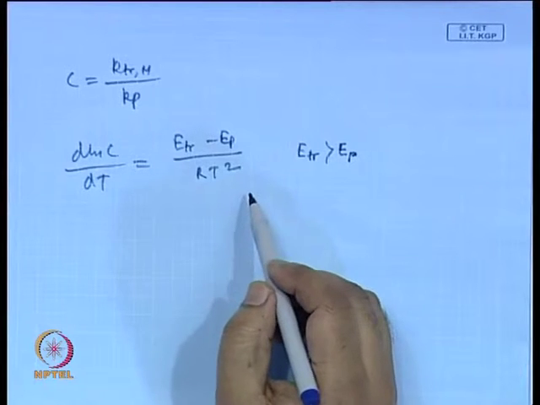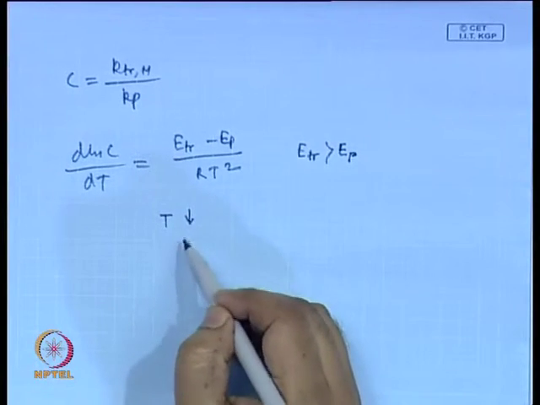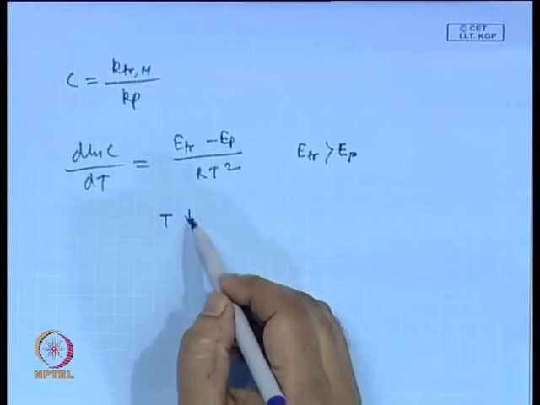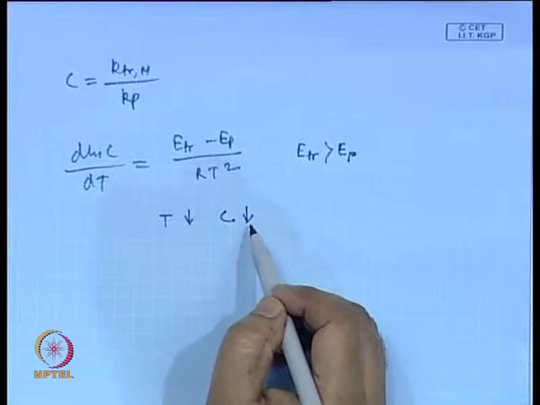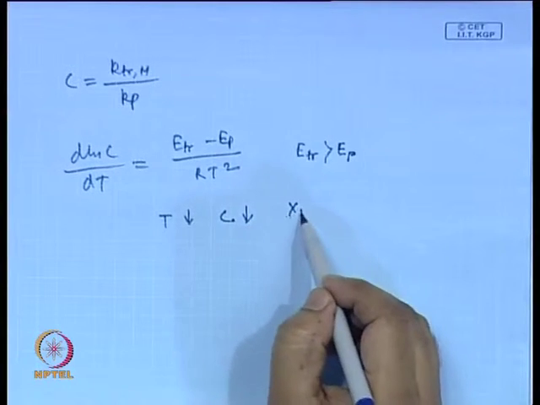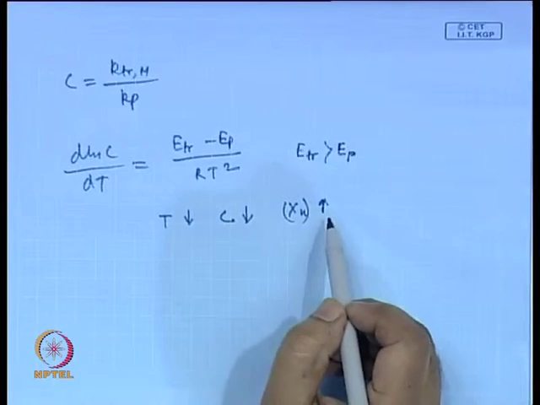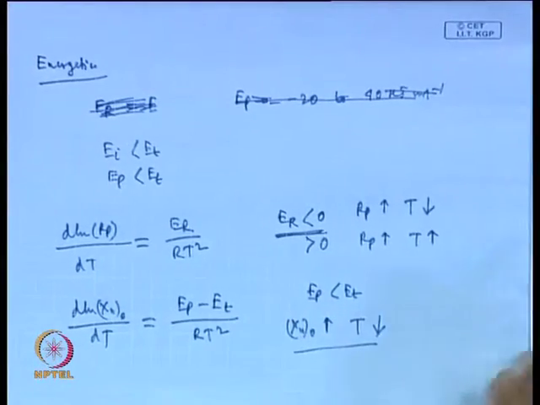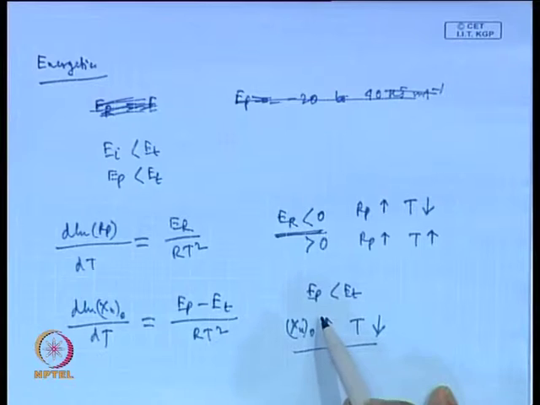Which means that with a decrease in temperature, C also goes down, which means Xn goes up. So, what we found is that even for the reactions where transfer reaction is absent, if we decrease the temperature, the molecular weight goes up.